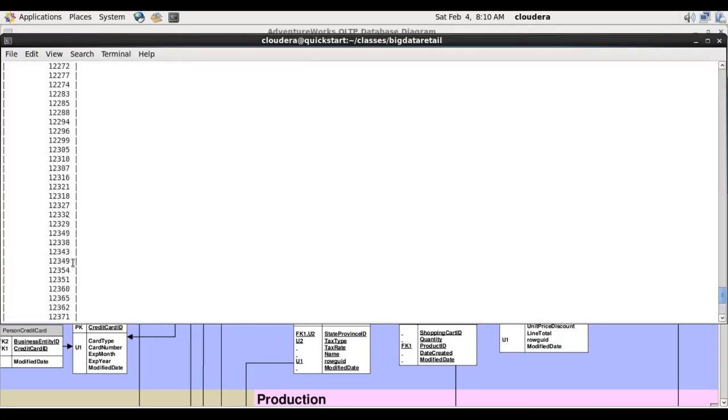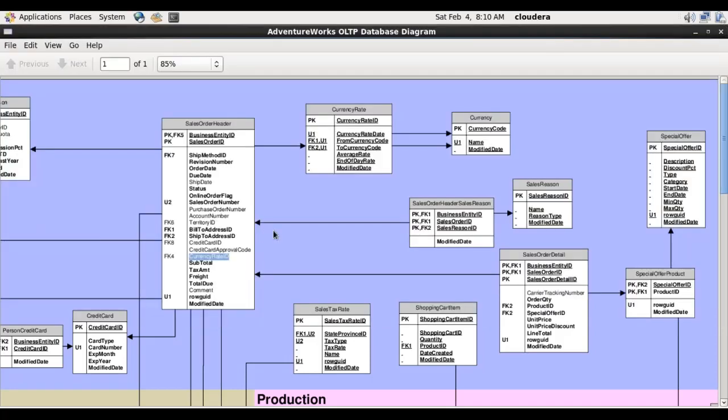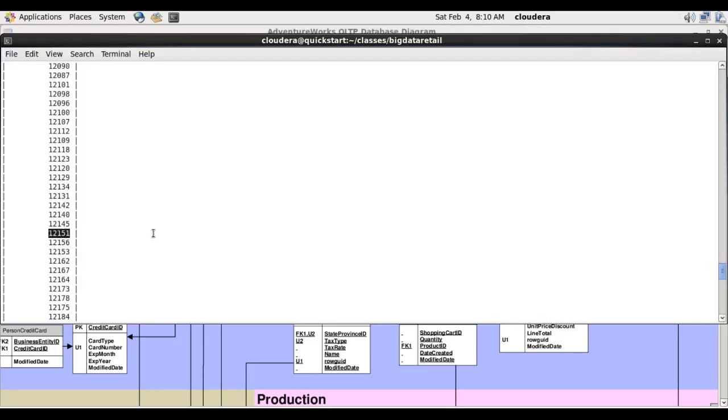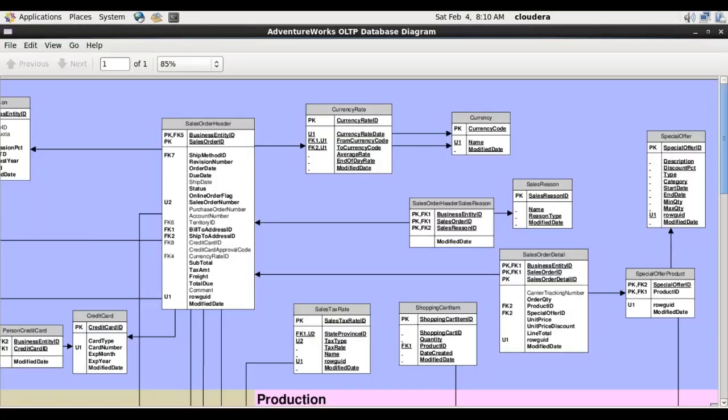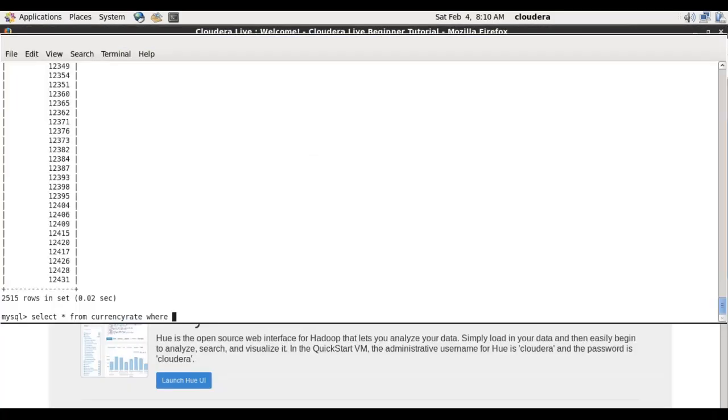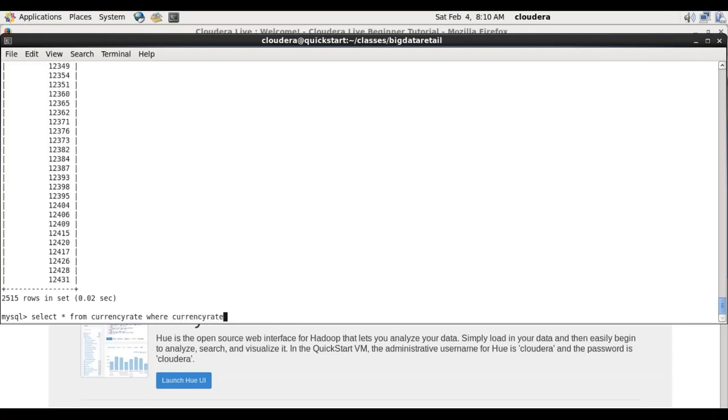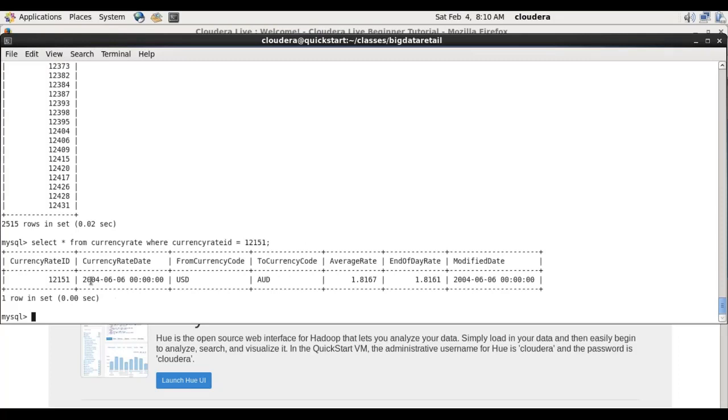Good. So we have 25,000 different currency rates. Let's just pick one, for instance. Let's see, select from currency rate, where currency rate ID. So yeah, this is a case where we translated it from USD to Australian dollar at this rate.